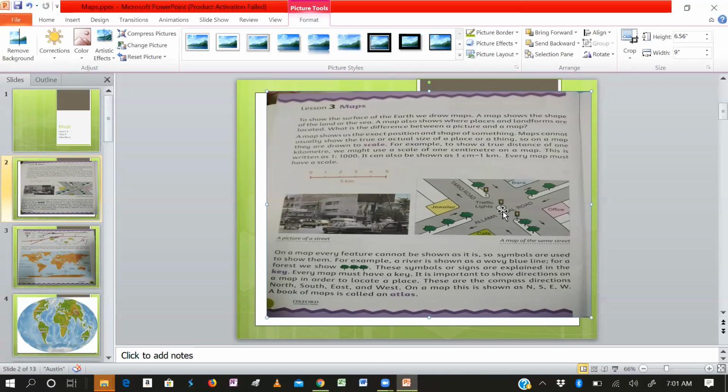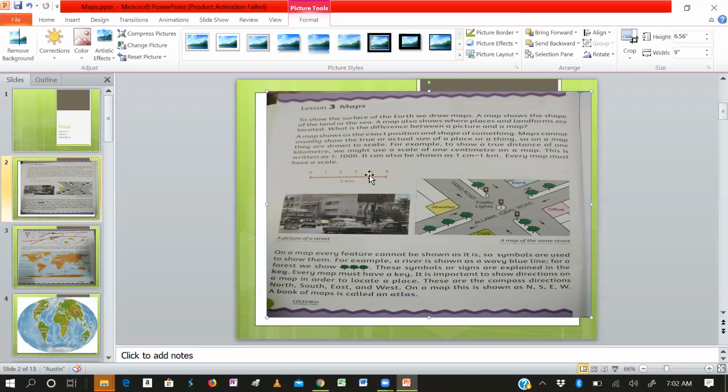Another important thing: although it cannot show the exact or actual size of a place or thing, yet we can know about their actual size or space through the scale which is there on the map.